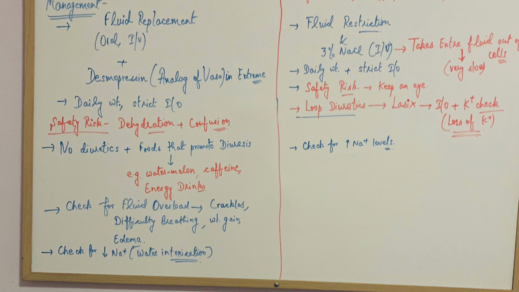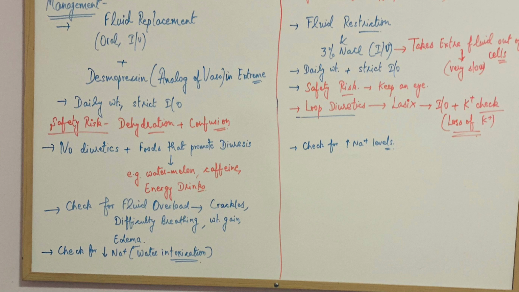And in both conditions, in diabetes insipidus and SIADH, we have to measure daily weight, and strict intake and output. And in both conditions we have to take safety risk precautions, because in one condition the patient is going into dehydration and is at risk of falls.